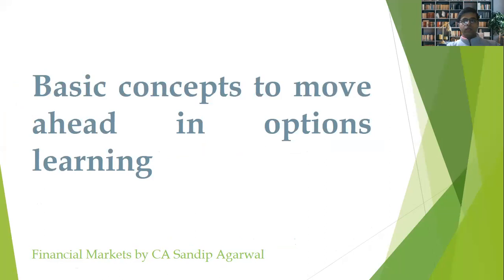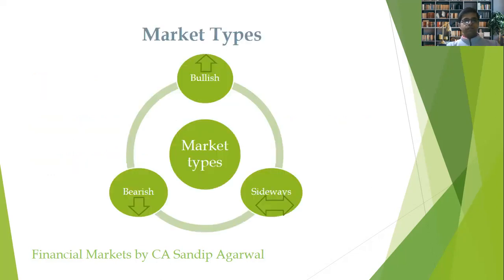Before we move ahead in chapter 2 of option basics, I will give you a brief idea on some of the basic concepts which we would be requiring in learning options. There are basically three types of markets.